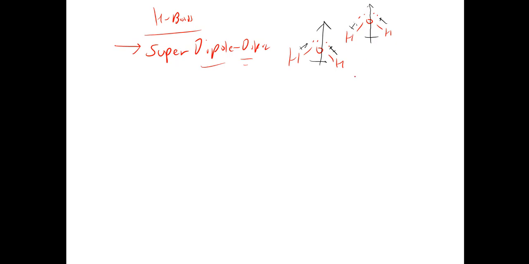More importantly, molecules that hydrogen bond have a nitrogen, oxygen, or fluorine. These atoms are very electronegative, so they really pull on the electrons. Consequently, they create very strong partial negatives and partial positives.